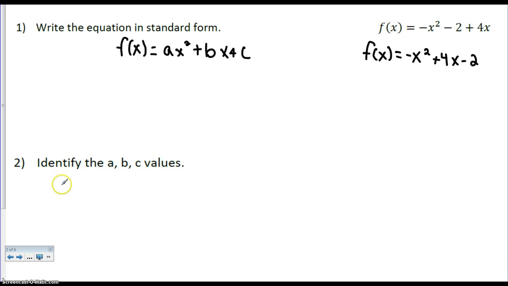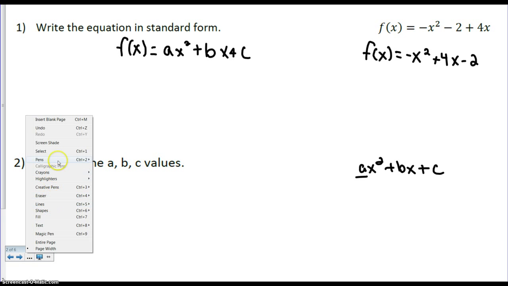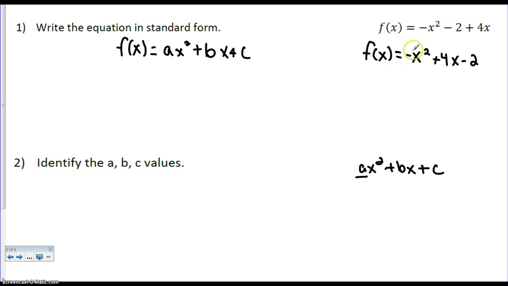Now, the second thing is to identify the a, b, and c values of the function. So when I look at negative x squared plus 4x minus 2, it kind of models ax squared plus bx plus c. See, a is in front of the x squared. So when I look at this one, it looks like there's a negative 1 in front of it.